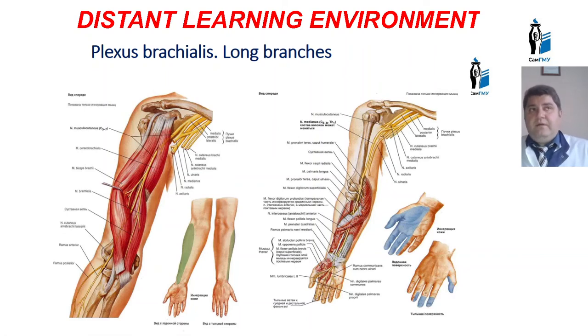From this nerve pass branches for the pronator teres muscle, the flexor carpi radialis muscle, the palmaris longus muscle, the flexor digitorum muscles, half of the flexor digitorum profundus muscle and all of the flexor digitorum superficialis muscle, and also for the pronator quadratus muscle too.